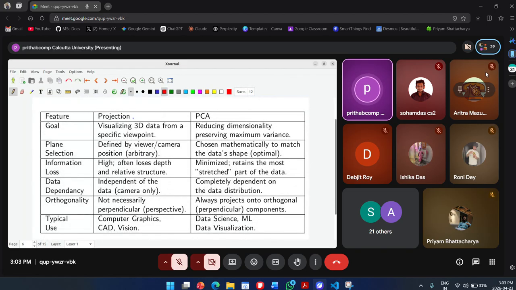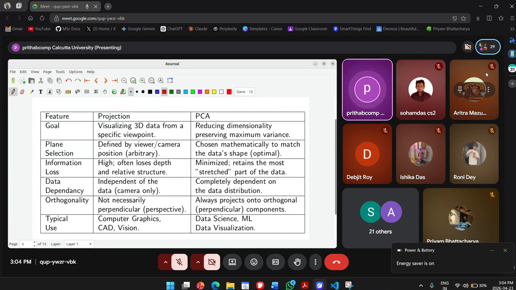With respect to projection and PCA, for projection the goal is actually to visualize 3D data from a specific viewpoint. So whenever you do visualization of 3D data using plots and things like that, it actually uses projection. In PCA, we reduce dimensionality while preserving the maximum variance.